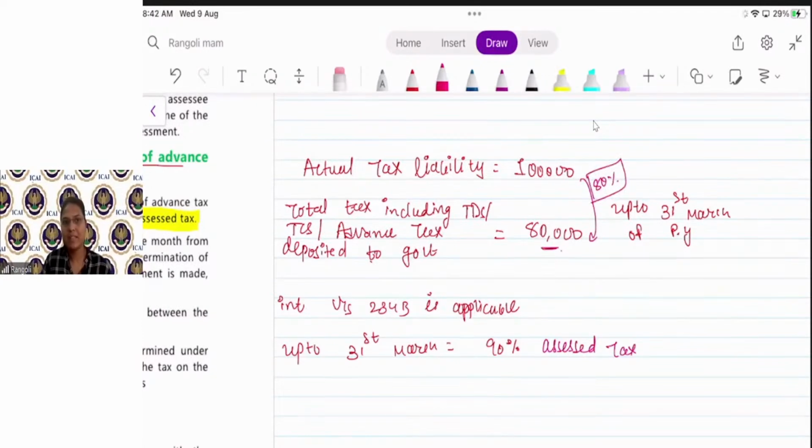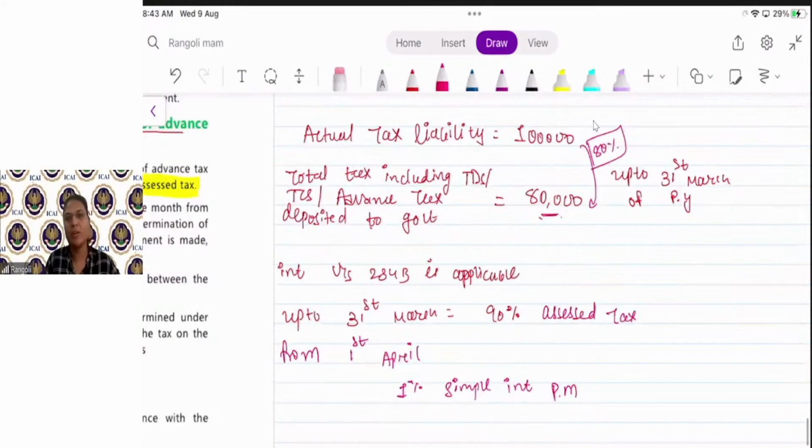As per section 234B, if you have not deposited 90% of your assessed tax up to 31st March, then from 1st April onwards you need to pay 1% simple interest per month or part of the month up to the date of deposit of balance tax.